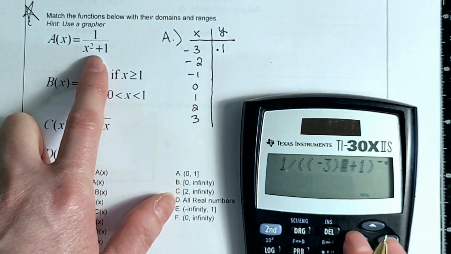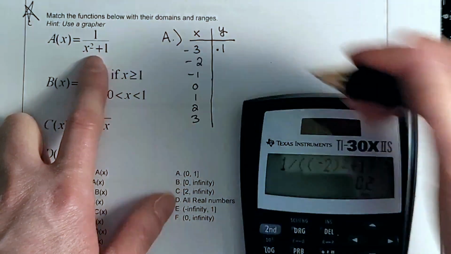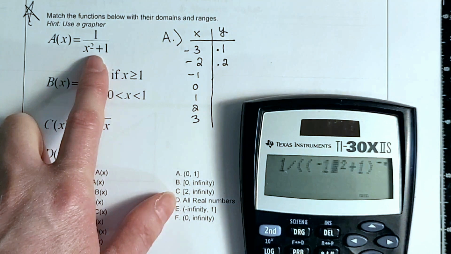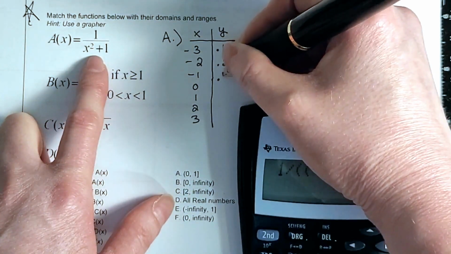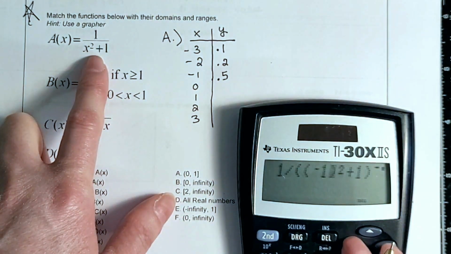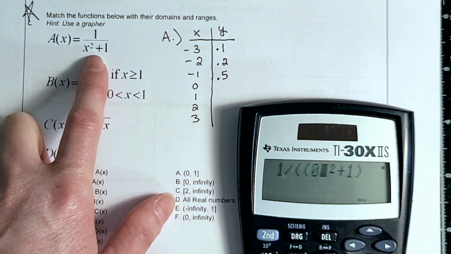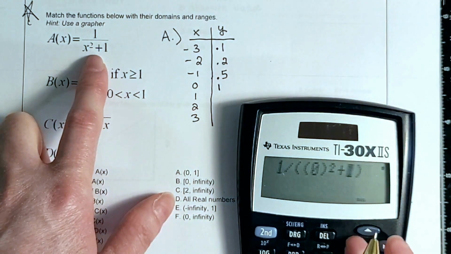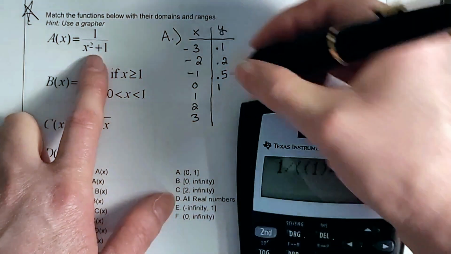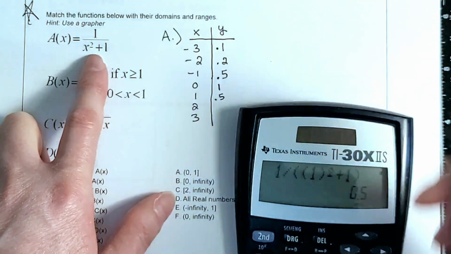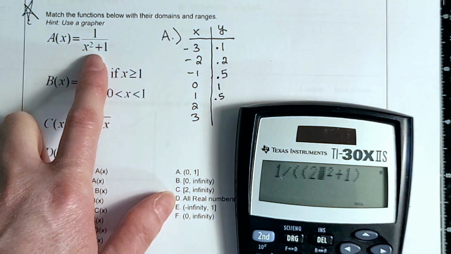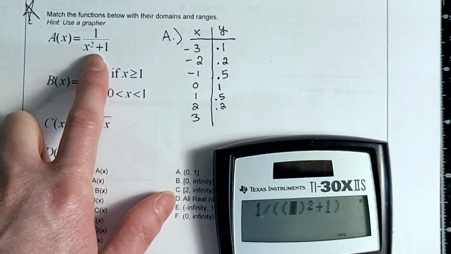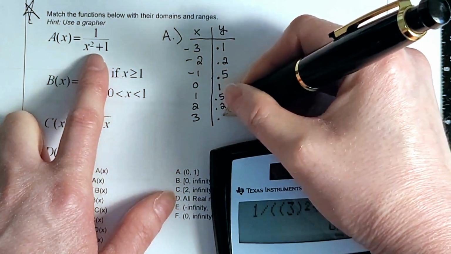Okay, and then I'm just going to scoot on over and change it to a -2. 0.2, change it to a -1. 0.5. We'll delete out the negative and put a 0 in the spot, so that gives me 1. We'll change that to a 1. 0.5. 2 is 0.2. And 3 is 0.1.